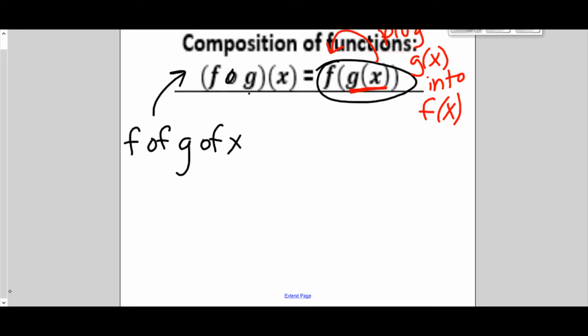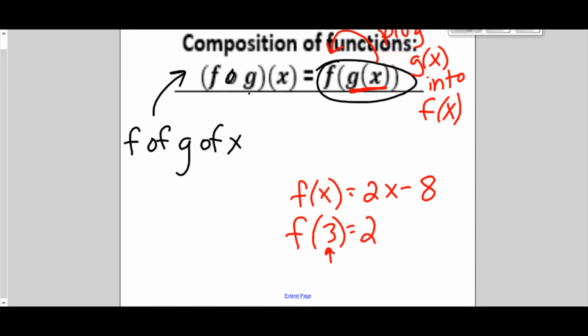I want you to recall what we did at the beginning of the year. We did what we called evaluating functions. Remember, let's say we had f of x equal to 2x minus 8, and then we said find f of 3. To do that, anywhere there was an x, you plugged in the 3.